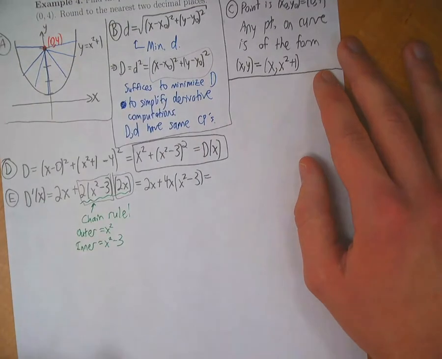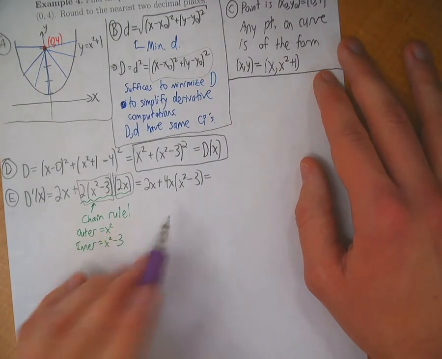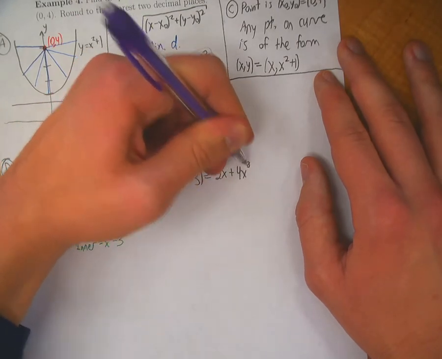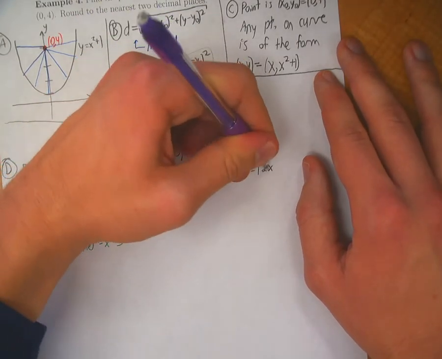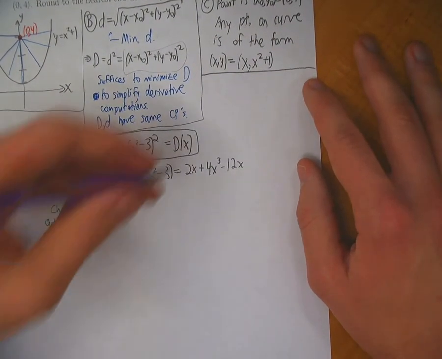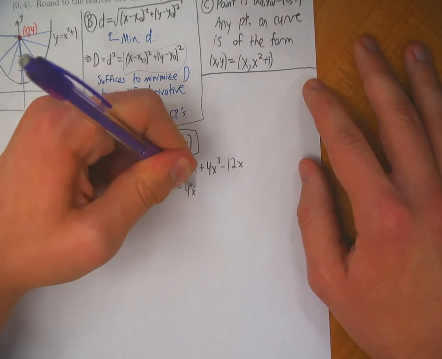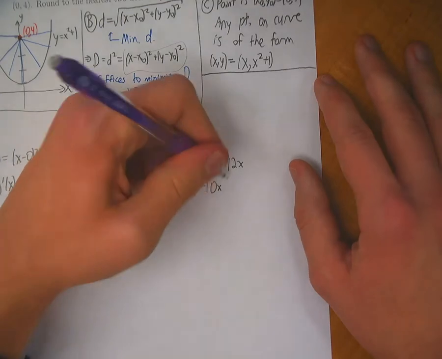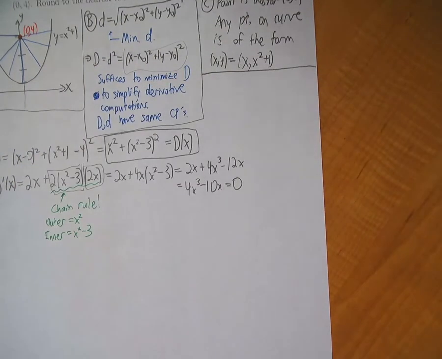So if we distribute 4x into both terms here, we have 2x plus 4x cubed minus 12x, which then just equals, after a bit of simplification, 4x cubed minus 10x. So if we set this equal to 0, we should end up with 3 values of x that give us zeros here. So what values of x would those be?